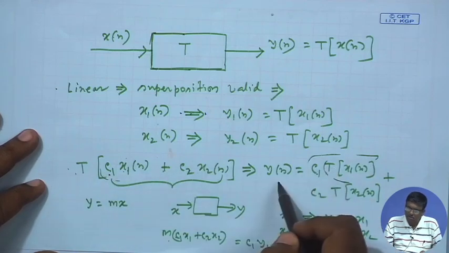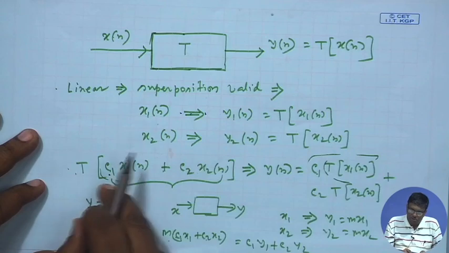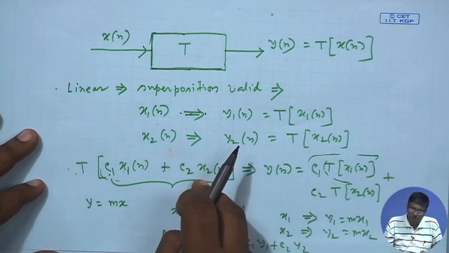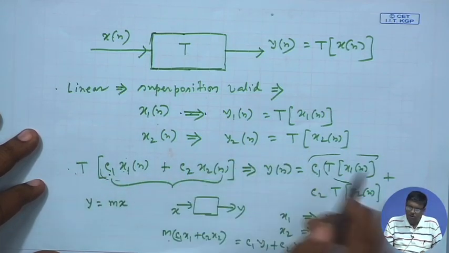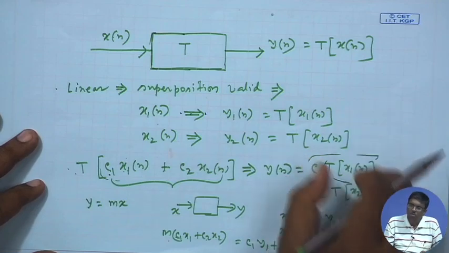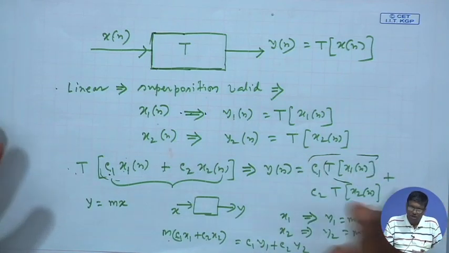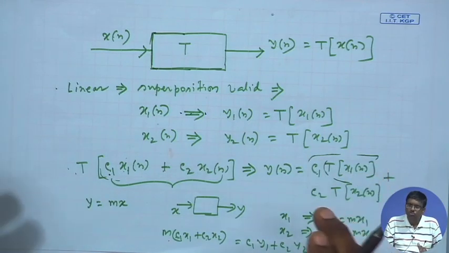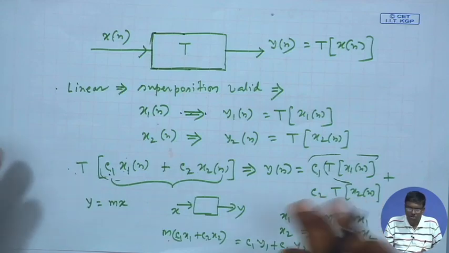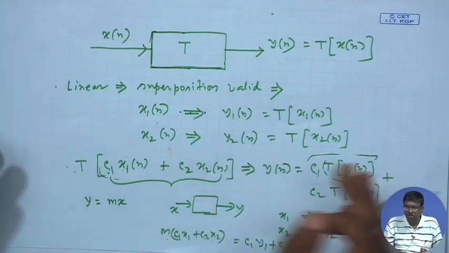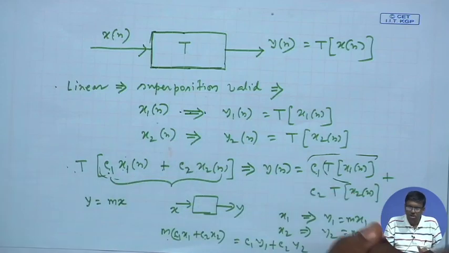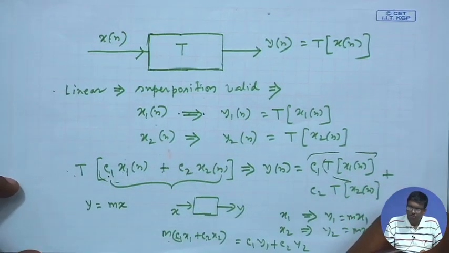The constant can come out. So, this is one response due to this part, this is another response due to this part, and for the combined sequence the output response is the addition of the two. Philosophically speaking, the system output due to multiple inputs is a summation of the individual responses due to those respective separate inputs.